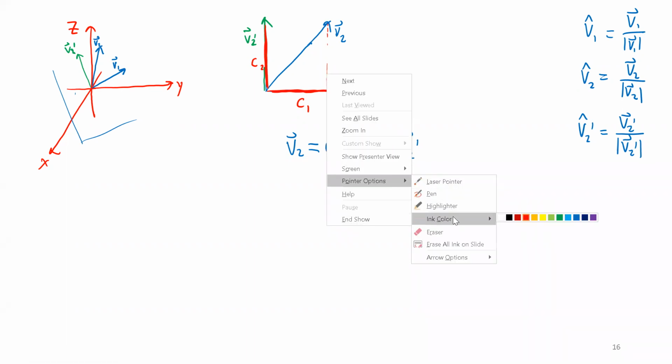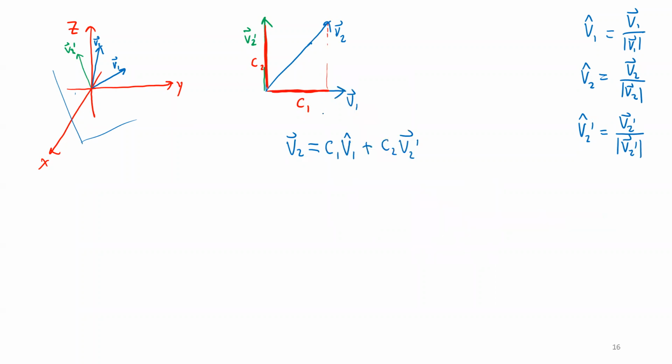As I said, C1 is the projection of V2 onto this V1 direction, so C1 is the dot product between V2 and V1 hat. Similarly, C2 is the dot product between V2 and V2 prime hat. If this is clear.